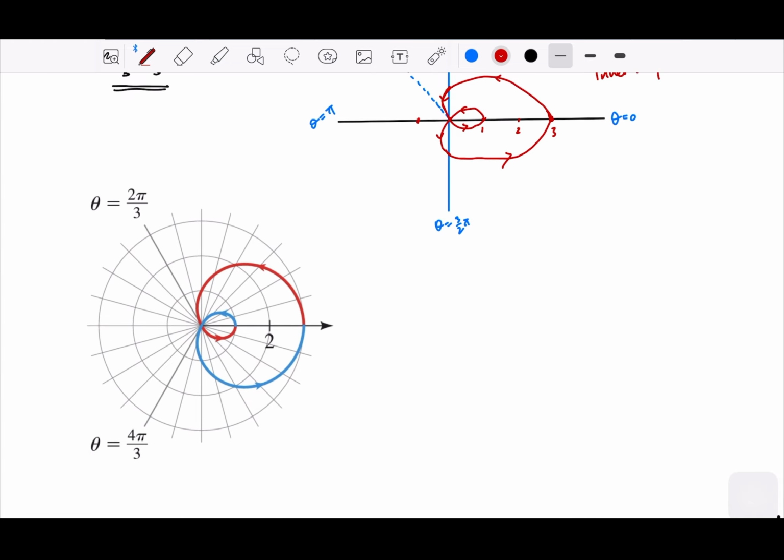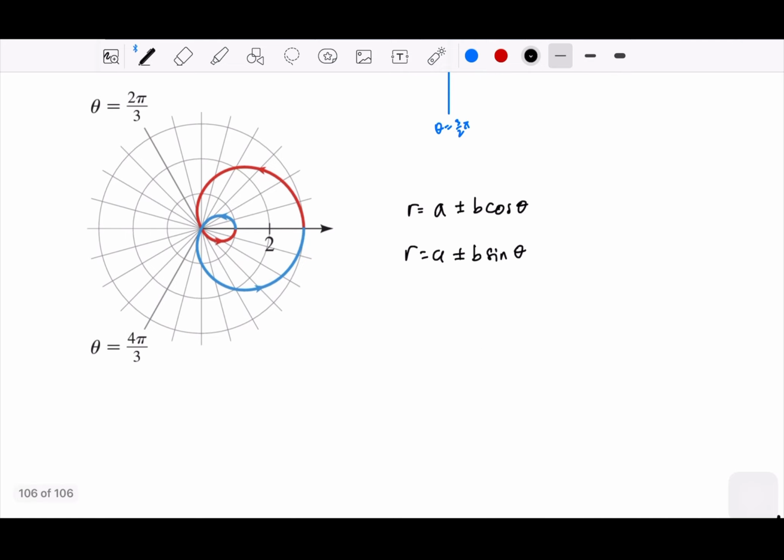A limacon has the structure r equals a, a constant, plus or minus b cosine theta, or r equals a plus or minus b sine theta. We are going to look at the relation, the ratio of a and b, because we could change that into some numbers.